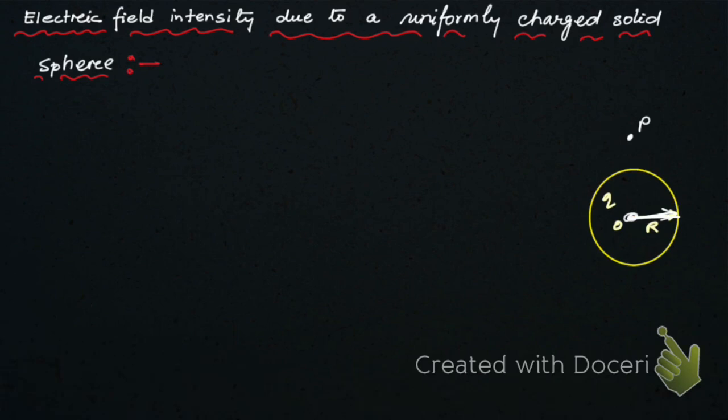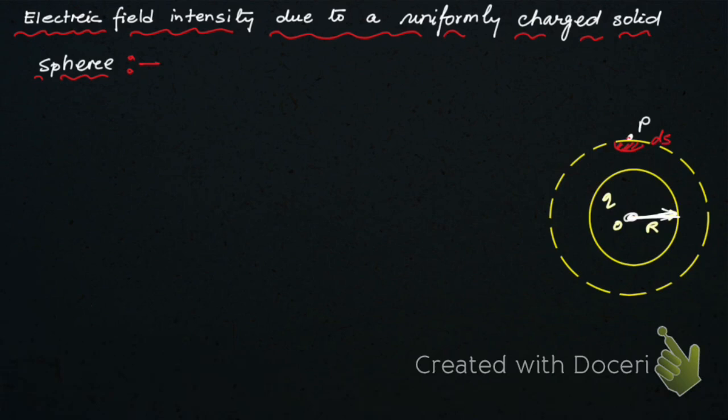So now, in order to find the electric field at this P, let me draw a Gaussian surface through this point P. Let me make it a dotted line which represents the Gaussian surface, which is again a sphere. Here is the P, and let us consider a very small area element ds.